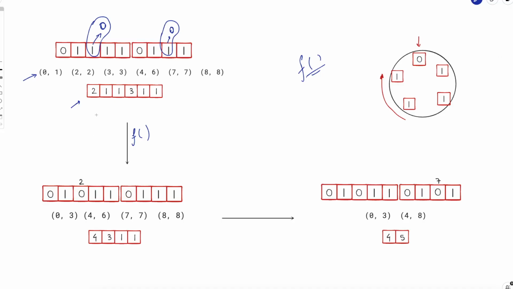Now what would happen? As we discussed, we will first go and figure out which group this element was a part of. This element was a part of group 2, 2. How to figure this out? You can simply do a binary search over this set. You can maintain this entire thing as a set and do a binary search over it, right?